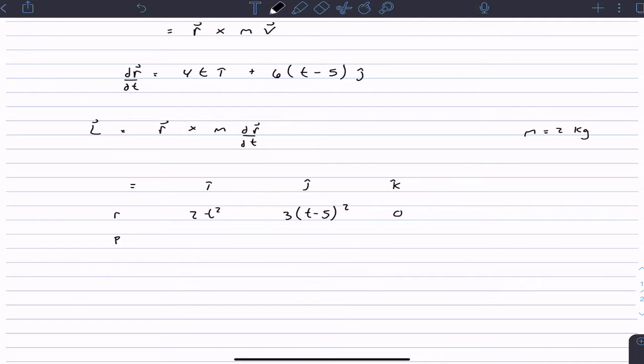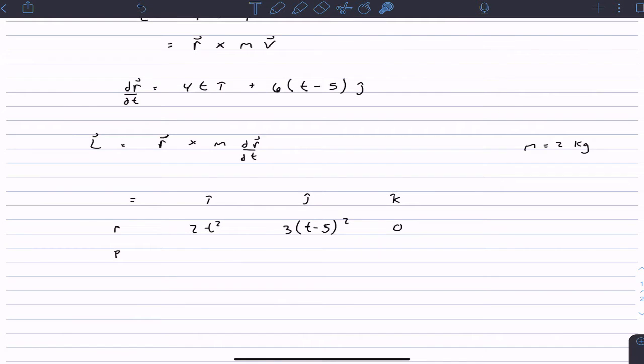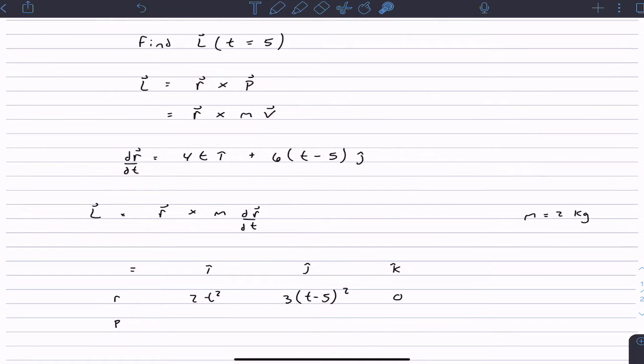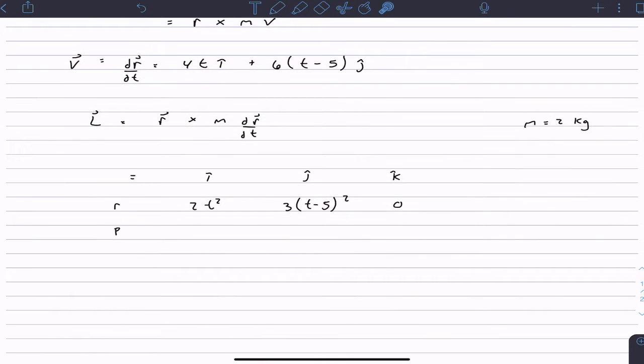Now we have 2 times, remember, this is mv, right? Because this is r cross p, and p is mass times velocity vector. Here's our velocity vector, so we have to do m, which is 2 kilograms, times that. So instead of 4t, it's going to be 8t i hat plus 12t minus 5, 0.